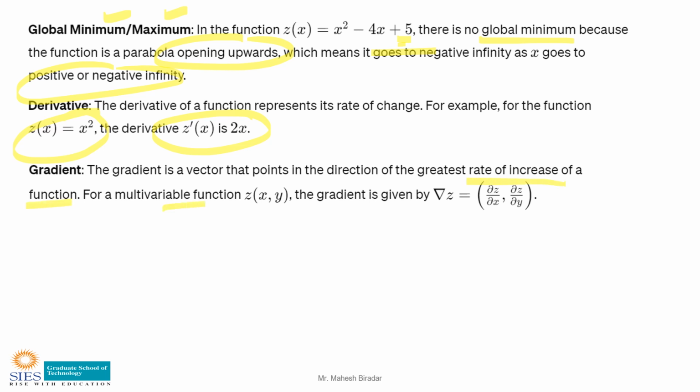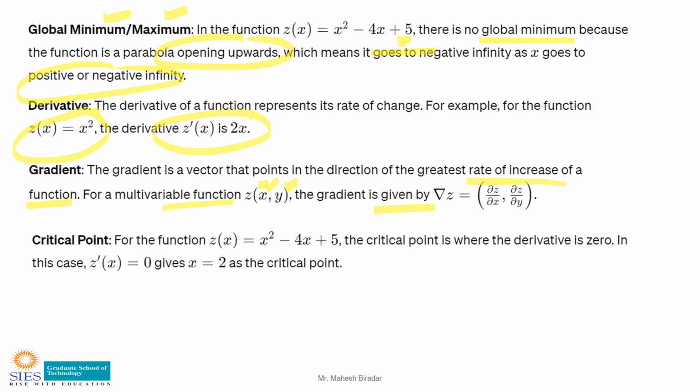So for a multivariable function, suppose x and y are the two independent variables, sometimes we denote them by x1, x2 also. Then for the gradient, we have to take partial derivatives, that is dou z by dou x, comma dou z by dou y, or with respect to x1 and x2 also.